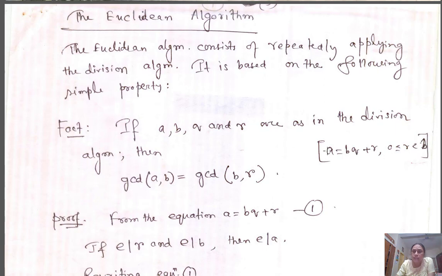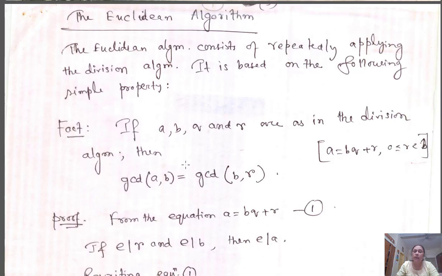Now it holds that the GCD of A and B is the same as the GCD of B and R. Generally, in elementary maths, we find the GCD like this: keep on dividing.